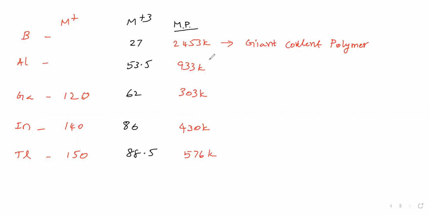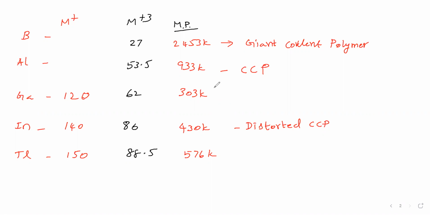Next, what about the other elements? Aluminum has a face-centered cubic, otherwise cubic close packed structure. Indium has a distorted cubic close packed structure. So aluminum, gallium, and indium come under the same crystal structure, FCC, face-centered cubic or cubic close packed.